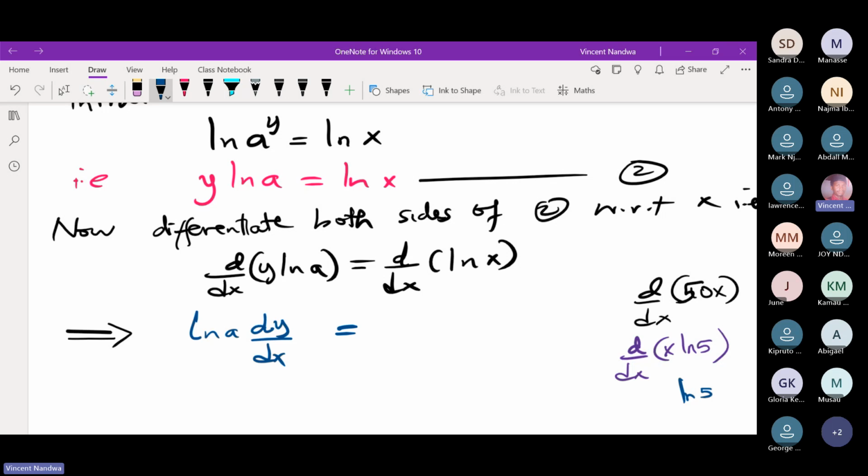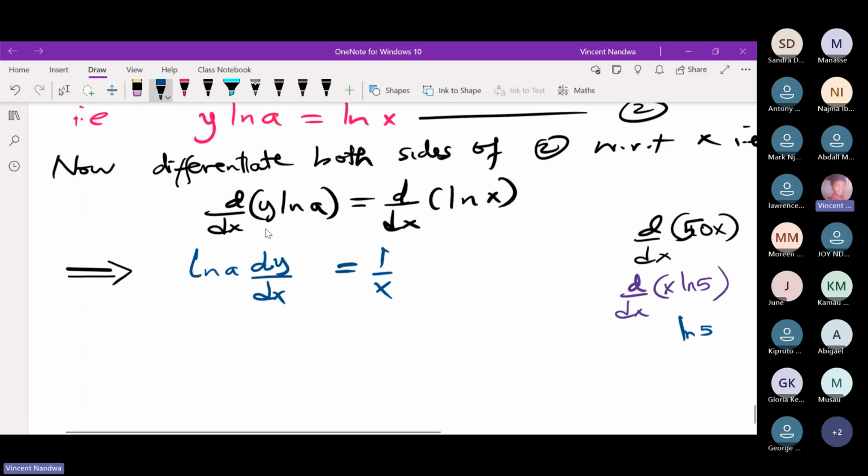Then d dx of ln of x from our previous discussion is 1 over x. So when you make dy dx the subject, you have 1 over x times ln of a.